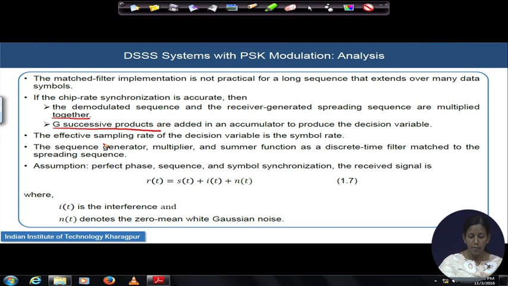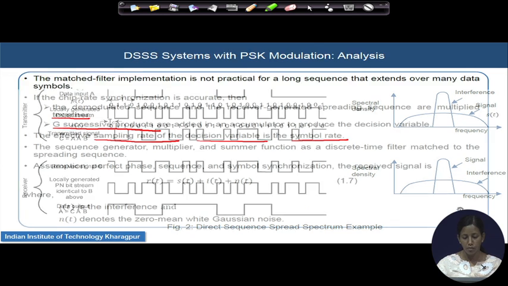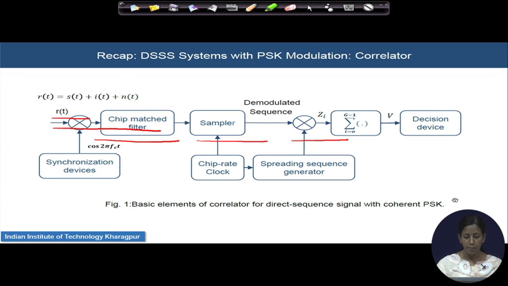And remember, the effective sampling rate of the decision device will be the symbol rate. So, there is a change in the sampling concept in this receiver.